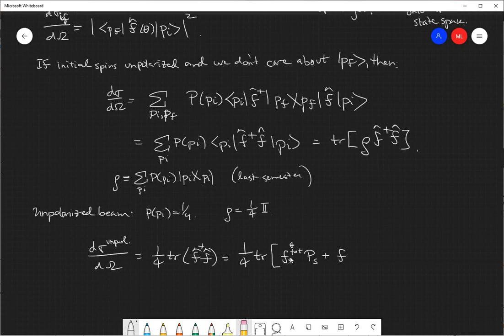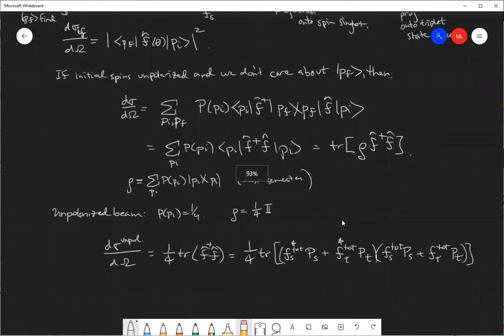Then you have the triplet part, again, the total star, projector onto the triplet. That's the dagger portion. And the undaggered part is, of course, this.